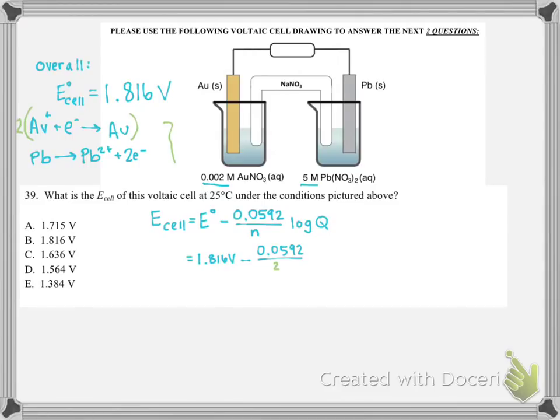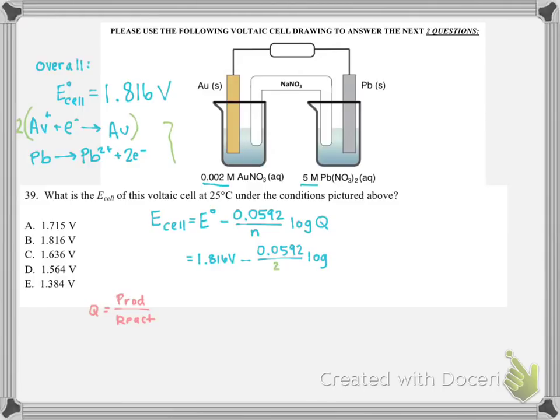And now we need to figure out what Q is going to be. So we know that we think about Q similarly to an equilibrium expression. We'll use the same kind of setup. We'll have Q is equal to products over reactants to their coefficients. But we don't have an overall reaction yet, but we can figure that out.